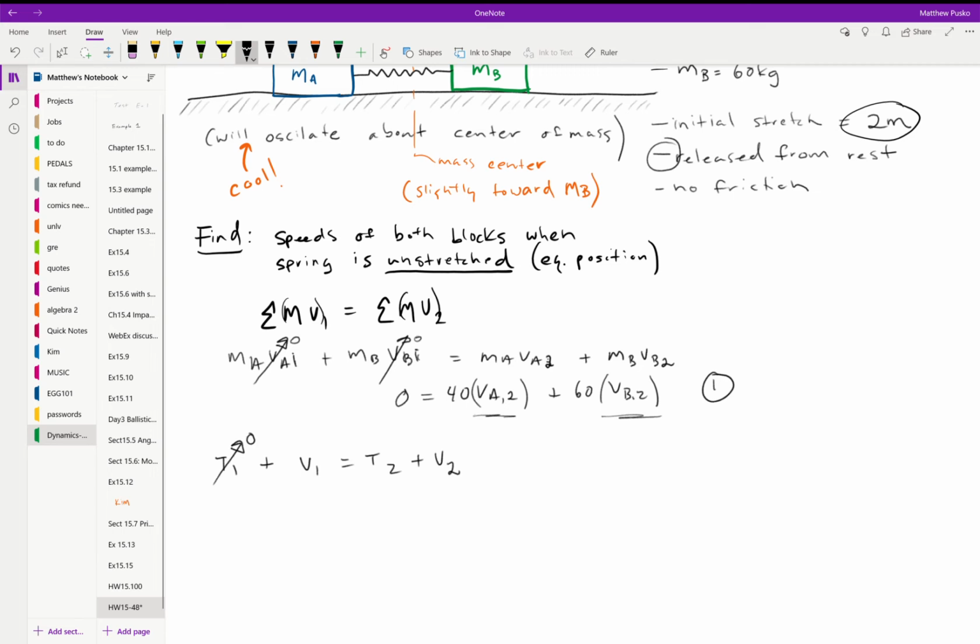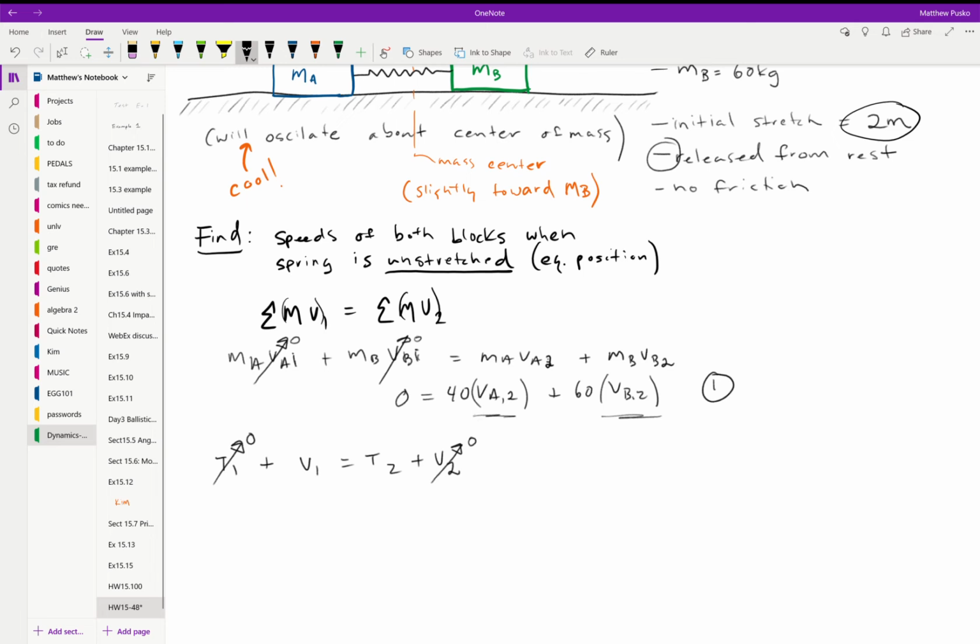And it's asking for the speed when the spring is unstretched. So we have no potential term for the spring, and we're not dealing with gravitational potential or any other type of potential. We can cross that one out.